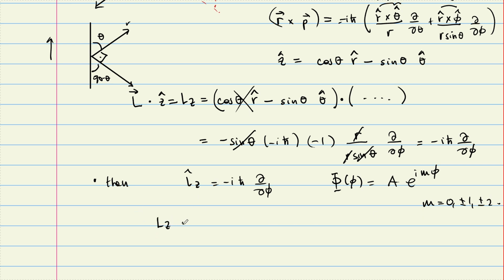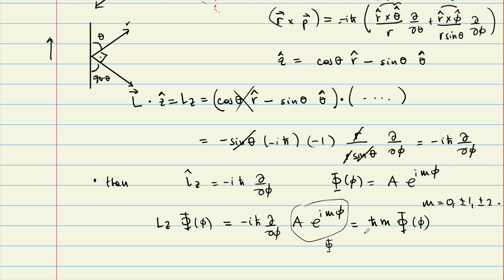Now LZ times phi of phi is equal to minus I h bar del phi, and this entire thing is going to copy, and you can see this is going to bring in im, and there's minus I, it's going to be plus, and it's going to be h bar m phi of phi. I put the phi itself; if you want, this is still a times e to the I m phi.